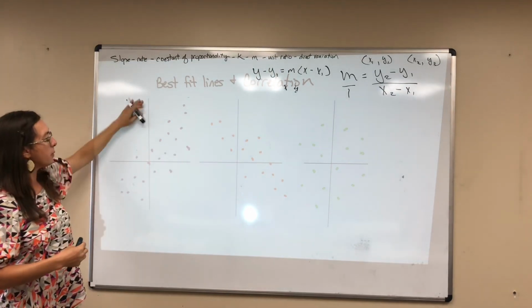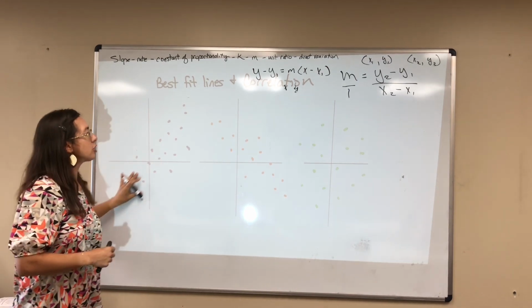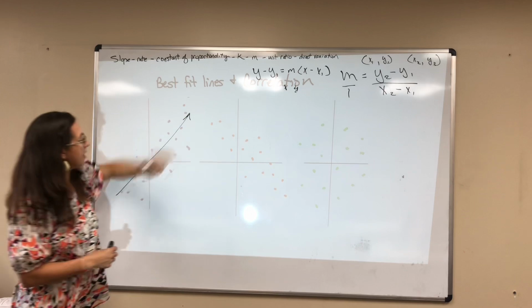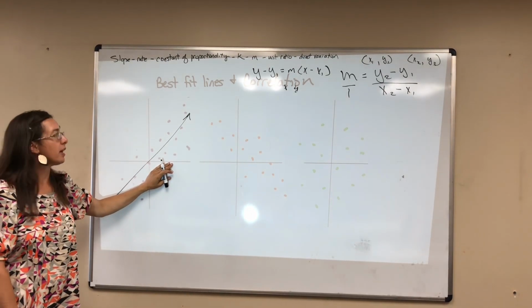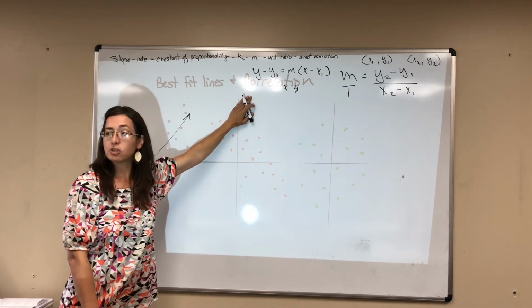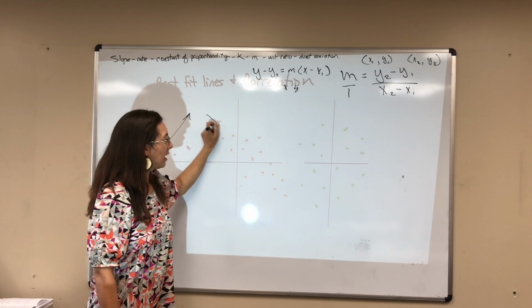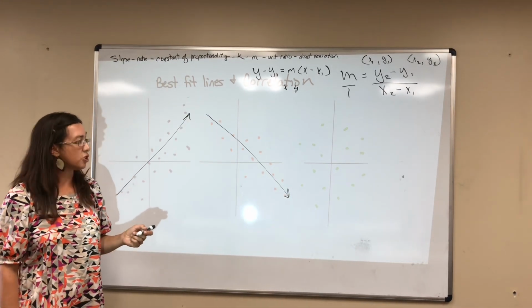So if we were to look at our purple guys over here, and I've got data points, these guys are trending up, right? If I drew a line down the center of them, I would say this would have a positive trend or a positive correlation, right? So my orange guys would be a negative correlation.